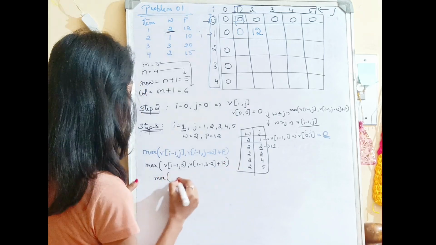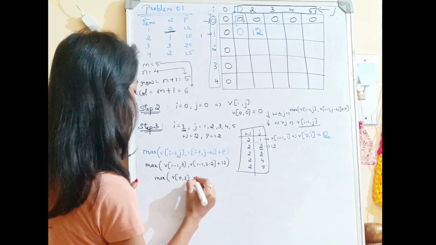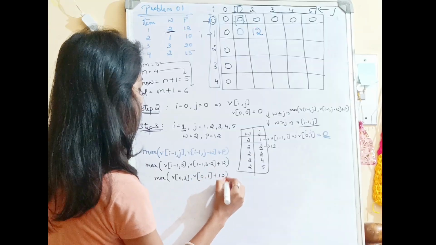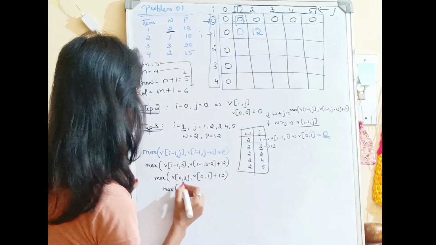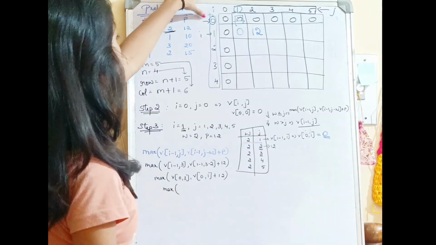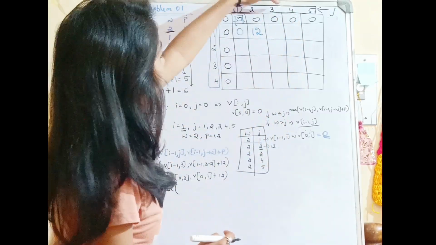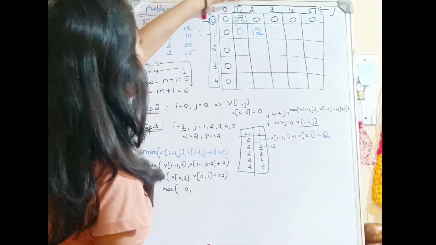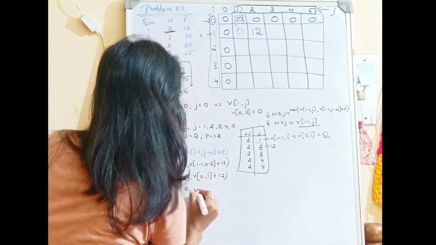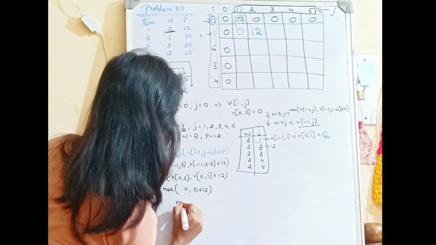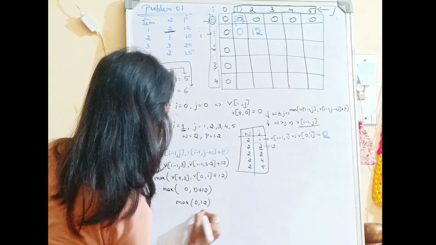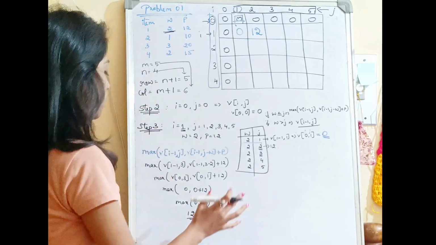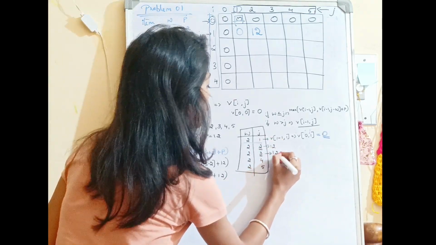So maximum of V of 0 comma 3, V of 1 minus 1, 0, 3 minus 2 is 1, plus 12. So what value do we have in 0 comma 3? What do we have here? 0 comma 0 comma 1. 0 comma 1. Which value? 0. Plus 12. So maximum of 0 and 12 is 12. Clear? Okay. So this will be 12.